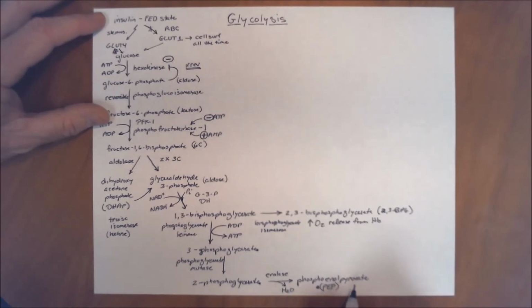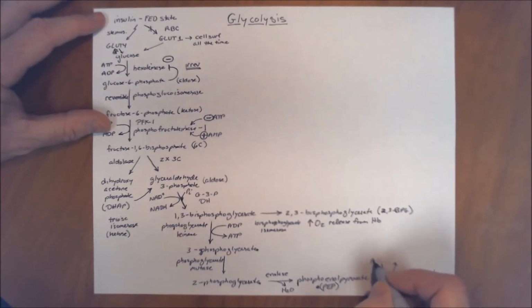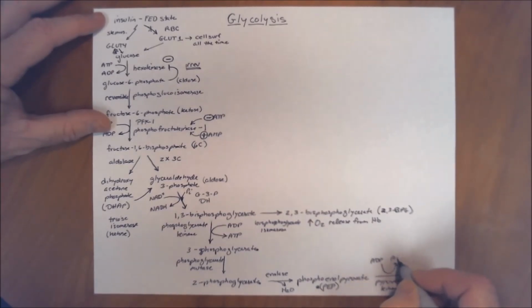And this is a high-energy molecule, so removing water from 2-phosphoglycerate essentially charges that phosphate group on the pyruvate backbone so that we are able to harness our last ATP from glycolysis using the enzyme called pyruvate kinase and converting ADP to ATP.